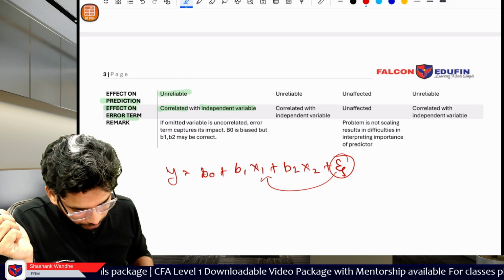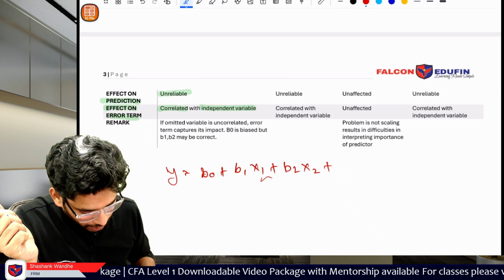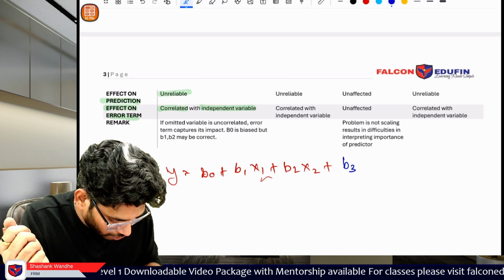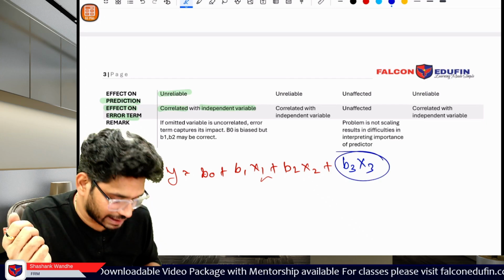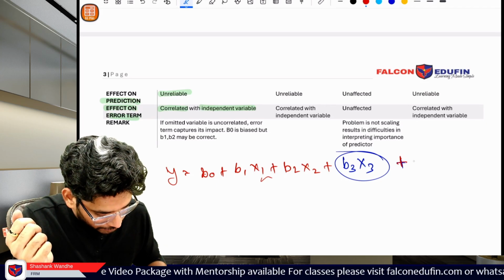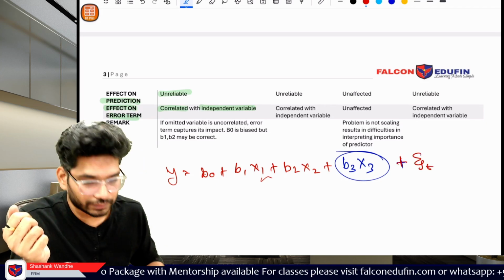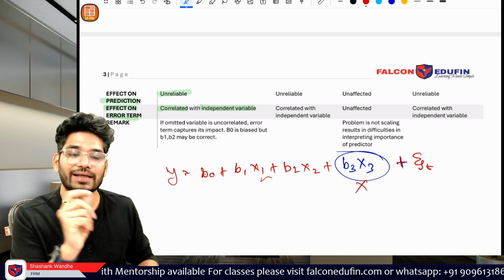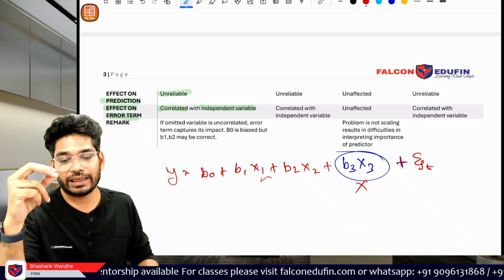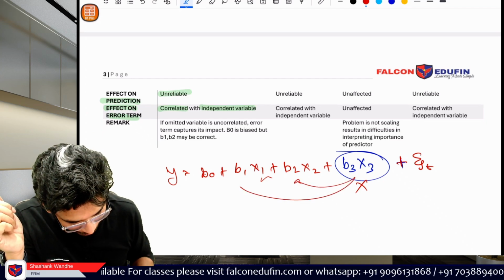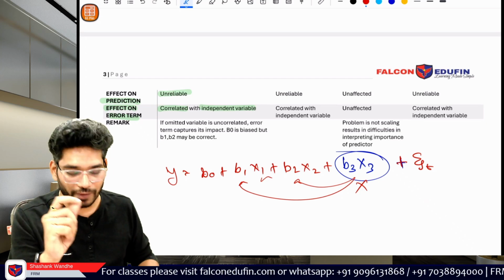Now see here, why is this happening? Let's say there was one variable, which is this omitted variable. When you are not considering this variable in the model, and it is correlated with these, what will happen?